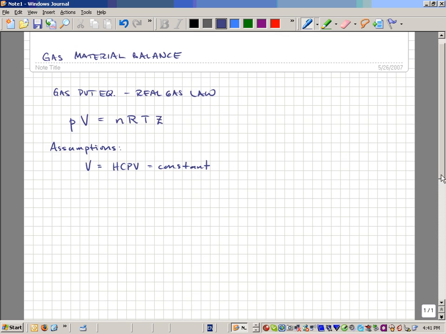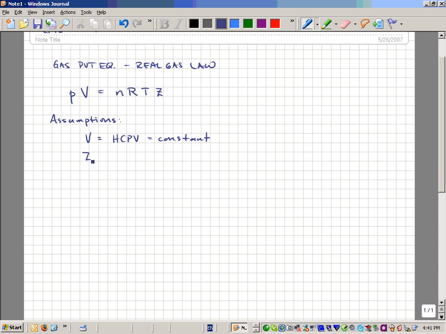With that assumption, together with the fact that the Z factor is a function of both pressure and temperature, we assume that the reservoir temperature is constant. And the number of moles remaining in the reservoir at any given time is equal to the number of moles initially in the reservoir minus the number of moles that's been produced.